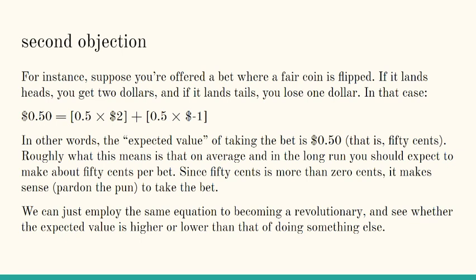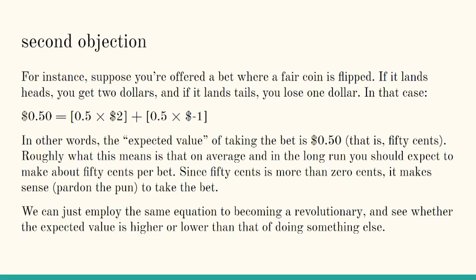Let's consider a case where you get offered a bet. I'm going to flip a fair coin. If the coin lands heads, I pay you $2. If it lands tails, you pay me $1. So the way we're going to figure this out is, you're wondering whether to take this bet.